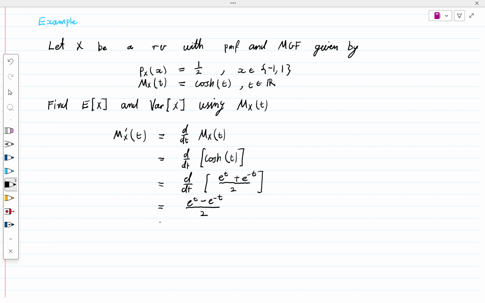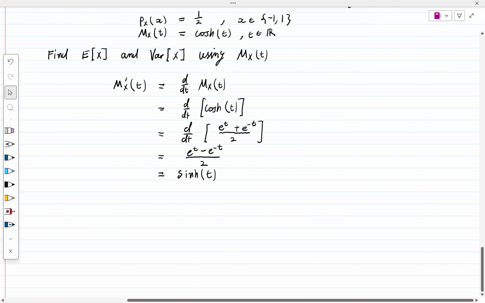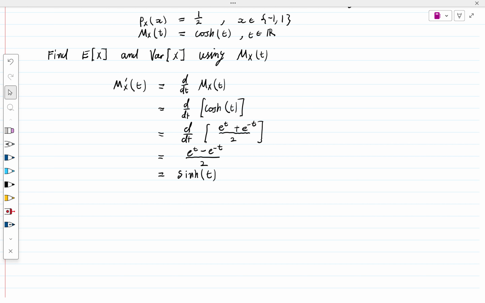And for those of you who are familiar, this is actually the definition of sinh. Moving forward, we're actually also going to evaluate the second moment of the distribution function. The second derivative of the moment generating function, because the second derivative will help us evaluate the second moment.